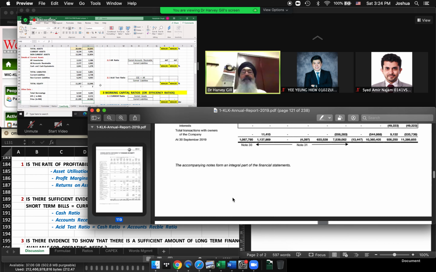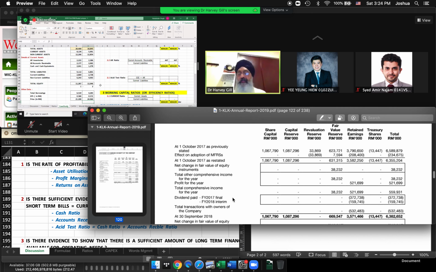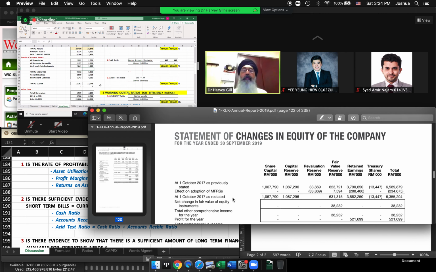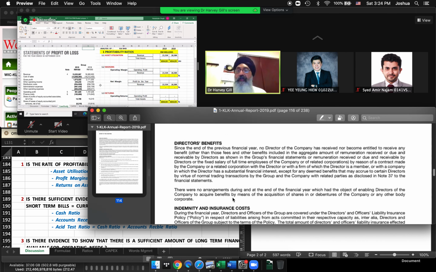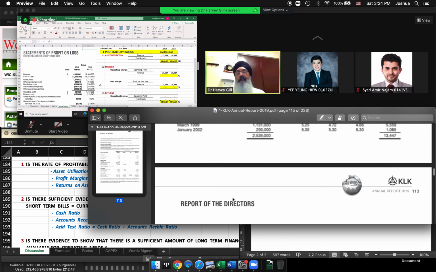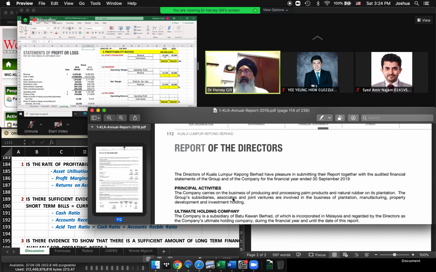Okay, now I have got all the key data points that I need for my balance sheet, and I will pick up key data points from my statement of profit or loss, and that's all the data I need, and I can actually now complete my ratio analysis. So now for total assets, I could do this.